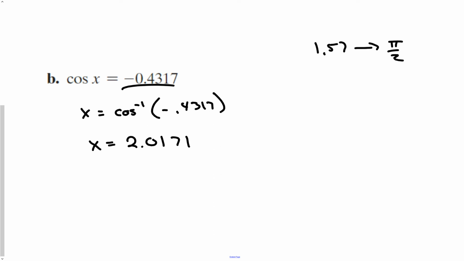how to get the actual angle, okay? And what I could do for this is I actually could calculate this. If I calculated the inverse cosine of positive 0.4317, I should get my reference angle, okay? Because this is the negative angle, right?